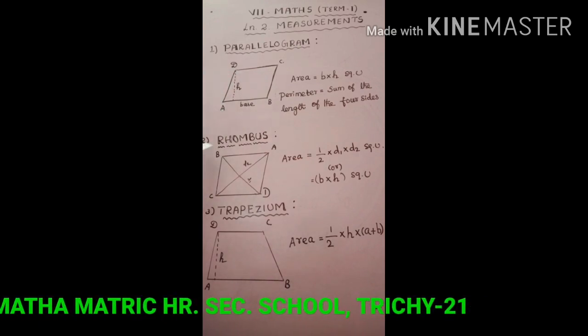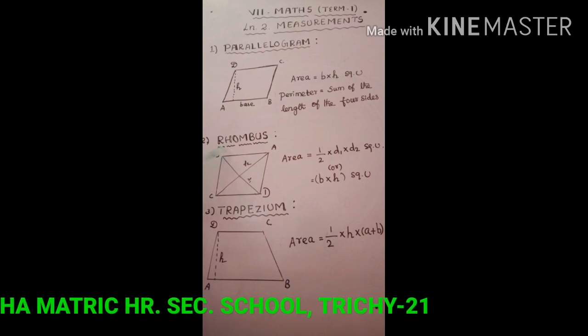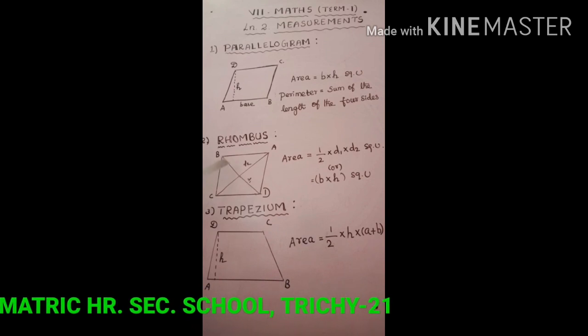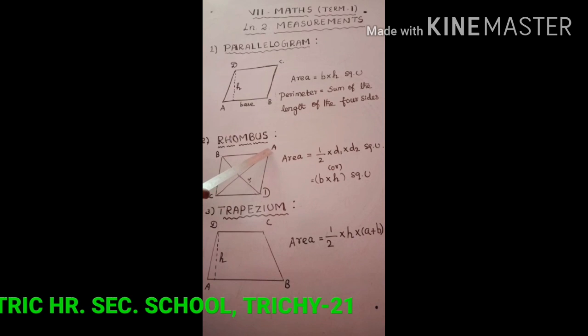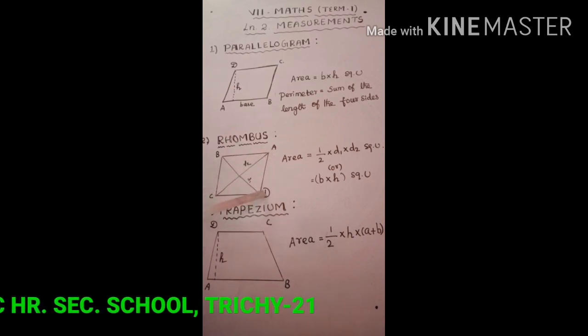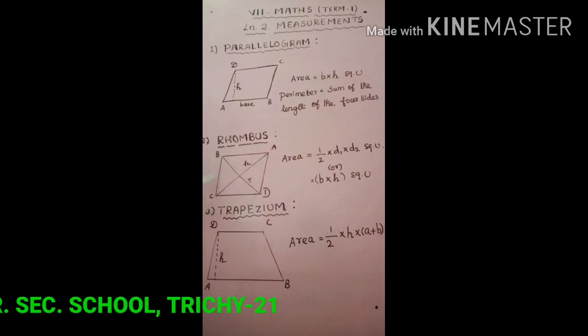The next shape, rhombus. In a parallelogram, if all the sides are equal, then it is called a rhombus. In a rhombus, all the sides are equal. We consider ABCD is a rhombus. Here, AB is equal to BC, BC is equal to CD, CD is equal to DA.